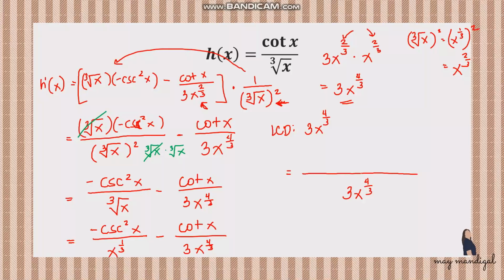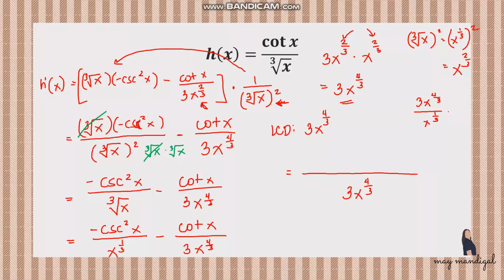So how do we solve for the new numerator? It's the LCD divided by the denominator times the numerator. So let's start: LCD divided by x raised to 1/3. So we have there 3x raised to 4/3 divided by x raised to 1/3.